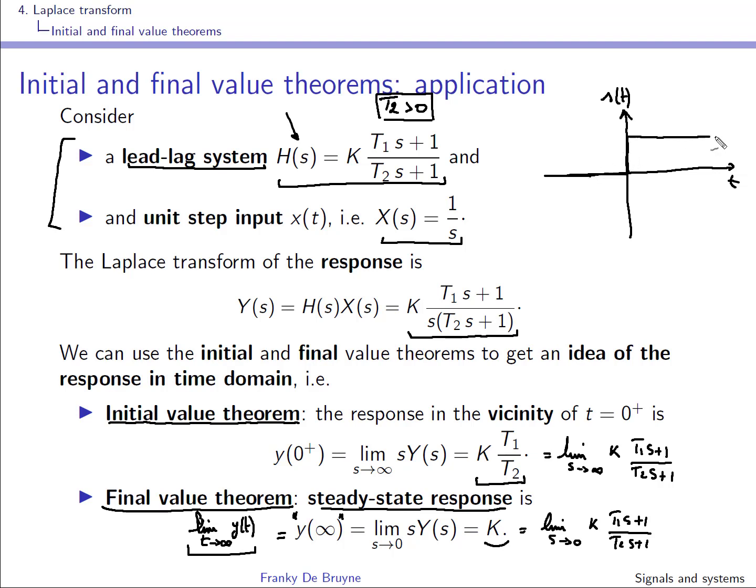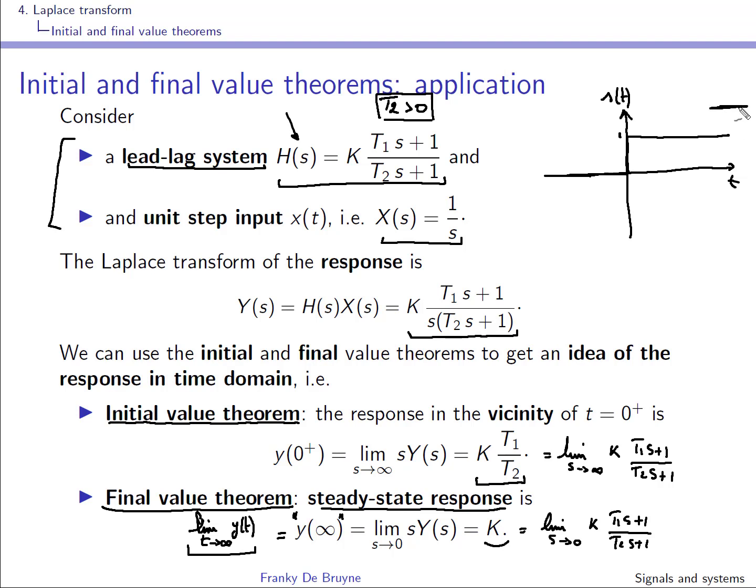It will be a step, so we have a 1 over here, and we'll have to consider different cases. We know that when we arrive at steady state, let's say that we have a gain of 2, so we'll be stabilizing somewhere in here.